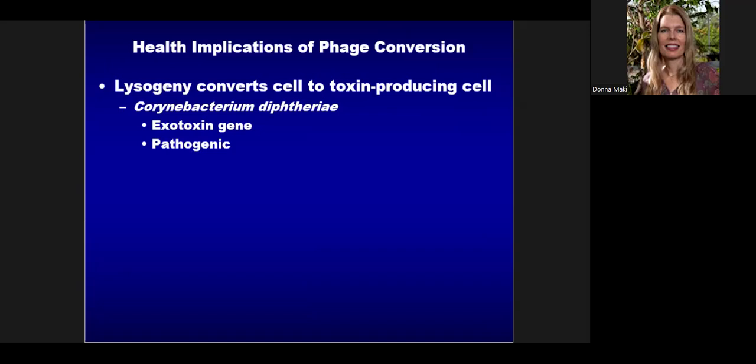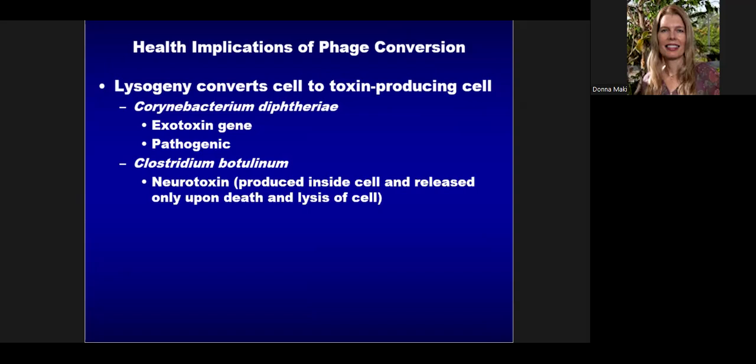And so there are certain species out there that don't have that viral DNA, so they're fine, but then there are others that are considered pathogenic. Another good example is Clostridium botulinum. That one causes botulism, very, very deadly. And the phage DNA has a gene on it that codes for a neurotoxin.